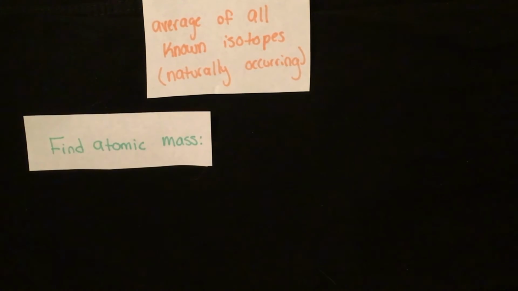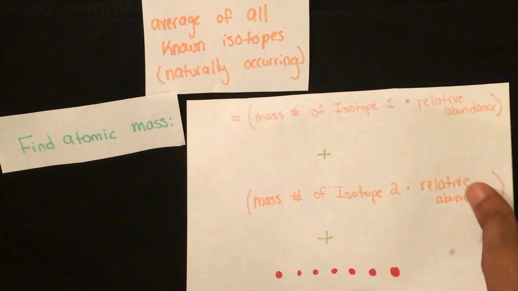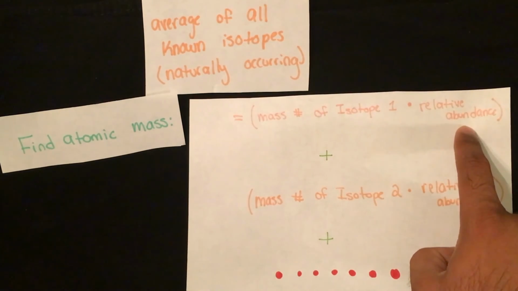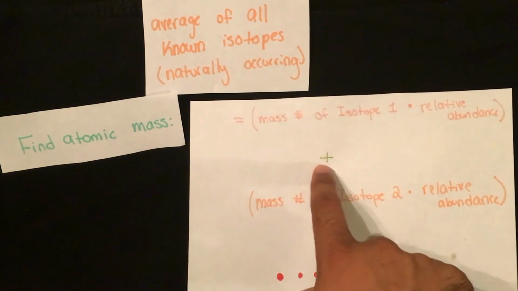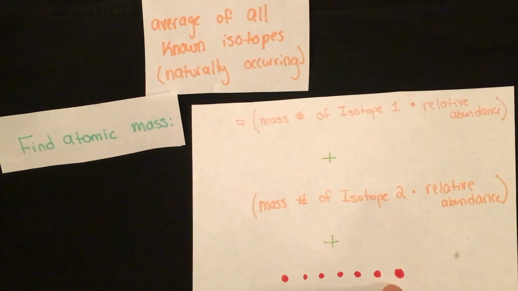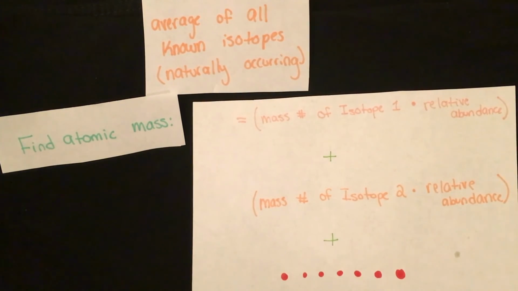To find the average atomic mass, we use the following equation: the mass of isotope number 1 times its relative abundance in nature, plus the mass of isotope number 2 times its relative abundance in nature, plus any other isotopes that occur times their relative abundances in nature.